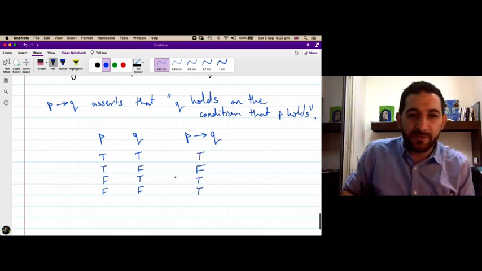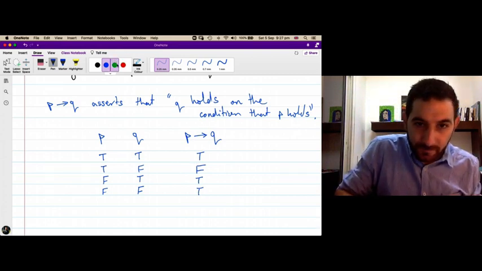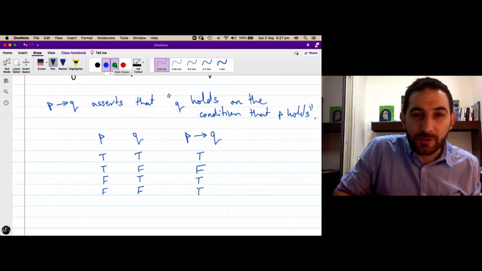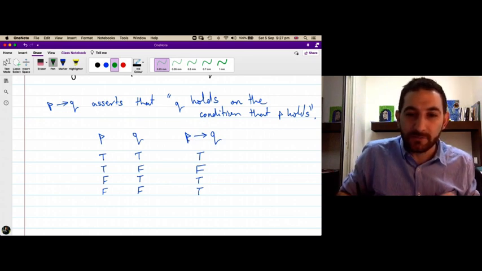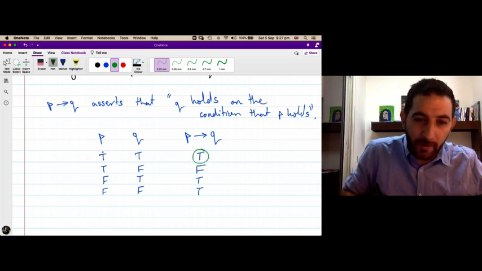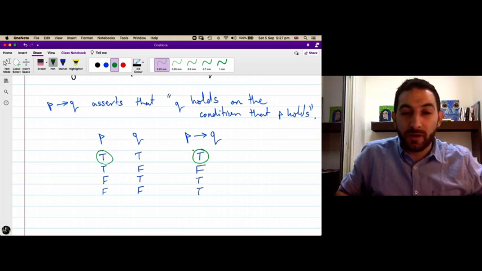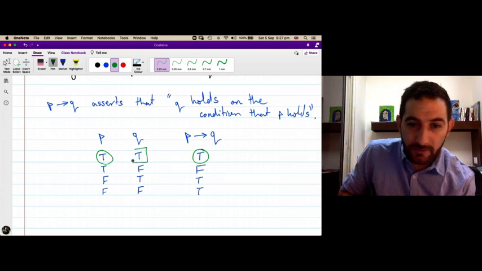Okay, let me say a few comments about this. Suppose you know that the whole conditional statement is true and the hypothesis is true. So this leads us to the first row. Here we have P implies Q is true and the hypothesis is true, and in this case, see that the conclusion is true.